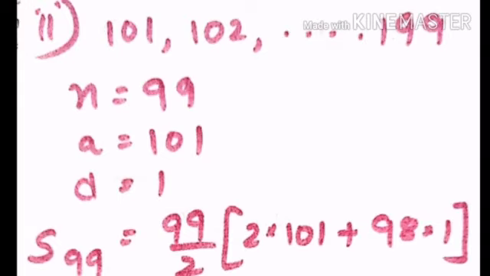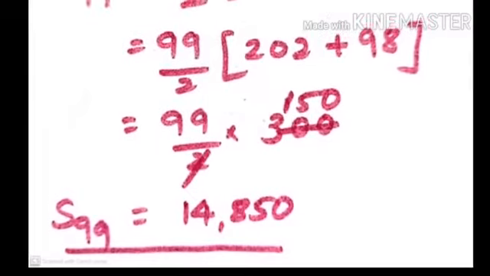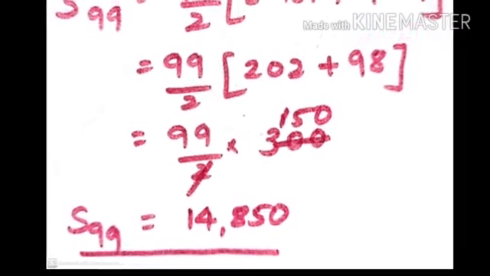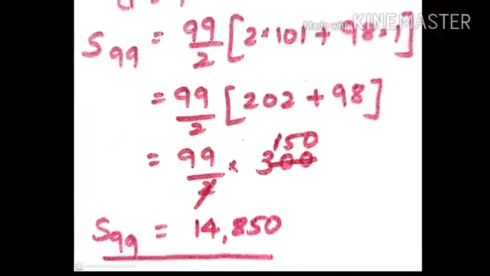Now we want S99 using the sum formula. Substituting the values, 99 by 2, 2 into the first term 101 plus 98 into the difference 1. Calculating in the bracket, 101 into 2 is 202, plus 98, adding them we get 300. Dividing by 2 we get 150, and multiplication gives 14,850. This is the sum of all the terms between 100 and 200.